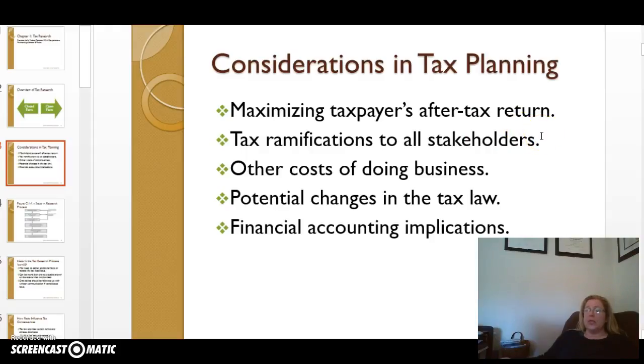And you can think about what the tax ramifications are to all the stakeholders. Consider other costs of doing business, any changes that might be coming in the tax law, and consider also financial accounting implications of your transaction.